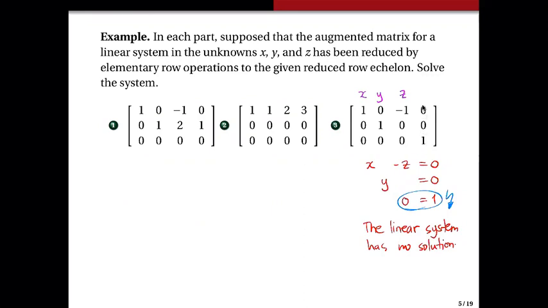However, the constant part, or the right-hand side of the third row, was not 0. And therefore, we have this 0 equals 1, which is a contradiction. And that's why we conclude that this system has no solution. That is the elimination method. Okay?